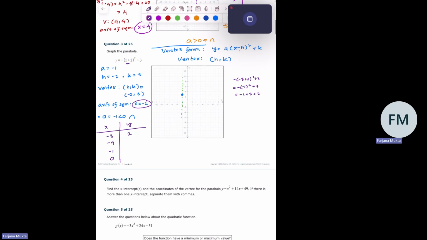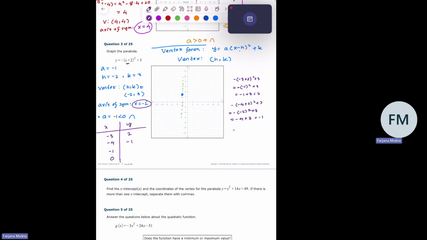For -4, we'll have negative of (-2) squared plus 3, so negative times 4 plus 3, which is -1. Right.